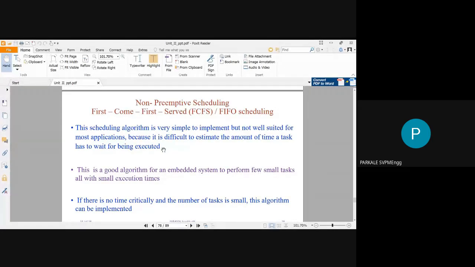This is very difficult to estimate, because once it finishes the first process, then there are other processes, T2 and T3, and only after that is it going to execute T4. So the last task has to wait for a longer period of time. That is the disadvantage.